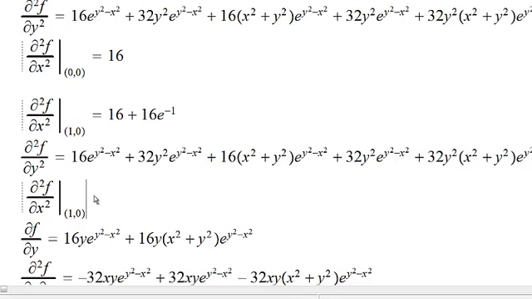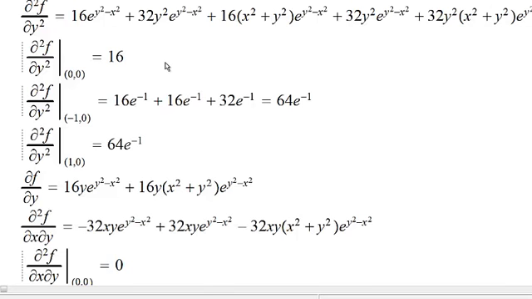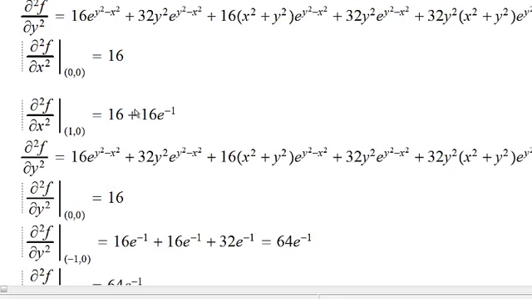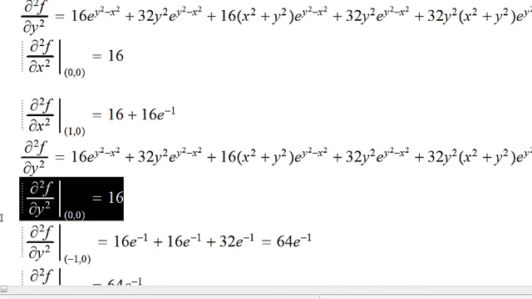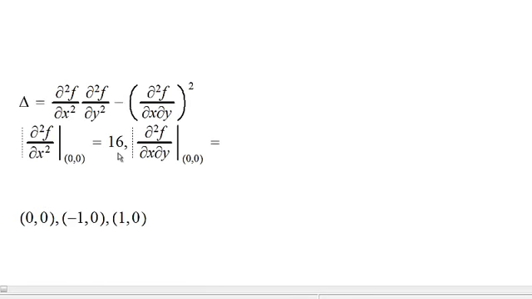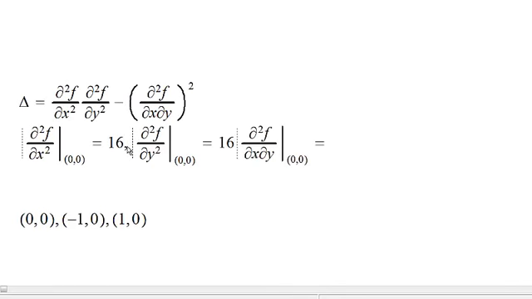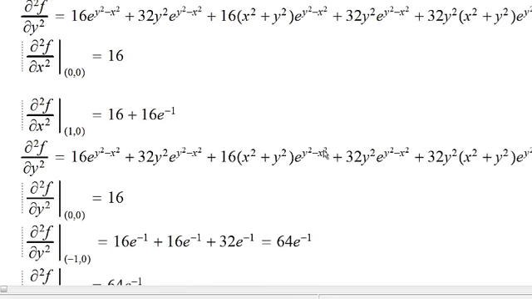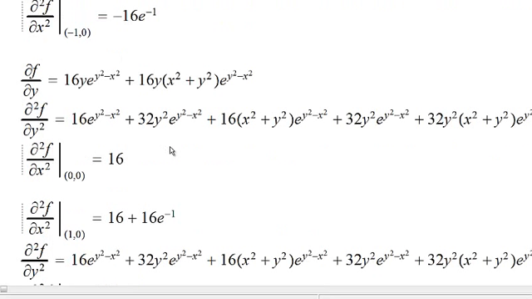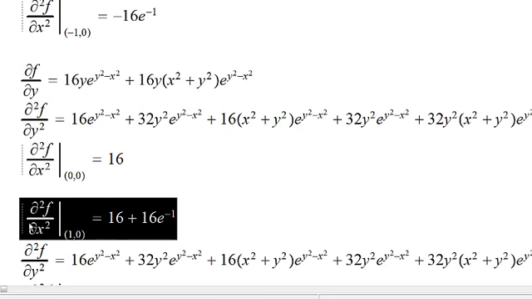Okay, so we have this quantity as 16, right? Are we clear? First we noted we had this as 16, and this also happens to be how much? 16, right? So we'll put that as 16, and this is 0. Are we good? Okay. Now we are going to write it for the -1 0, right? So where is df over dx square at -1 0?